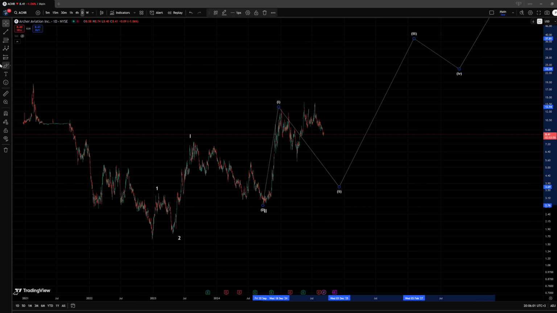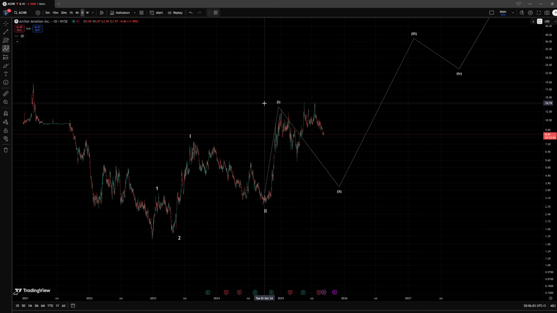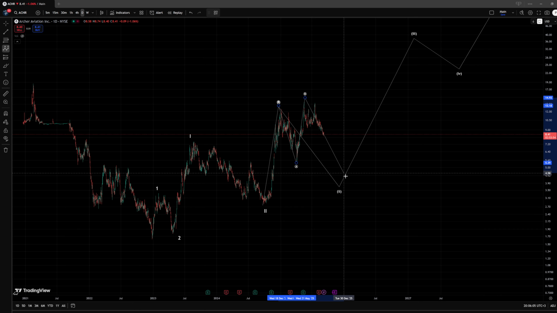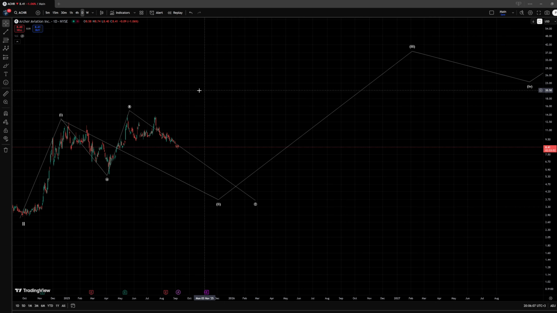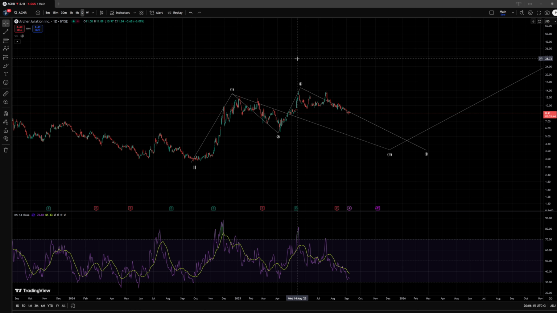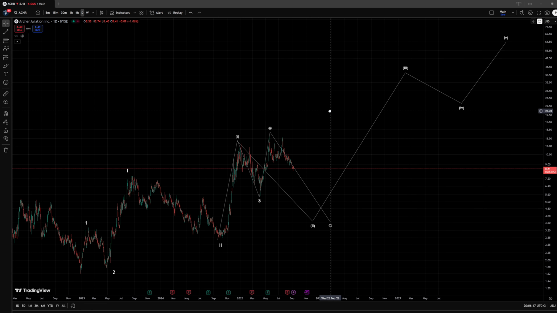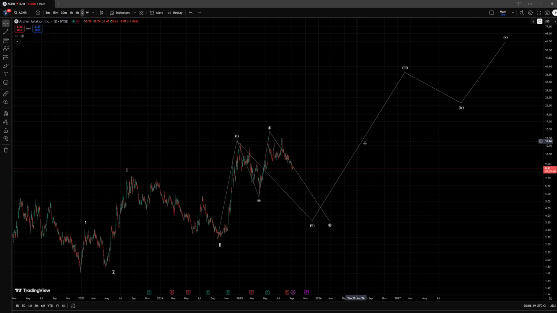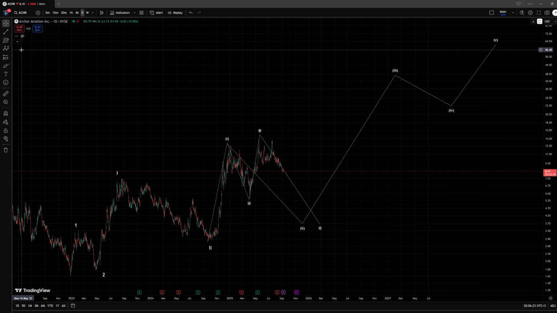Instead, I am still looking for this correction to continue within the wave 2, because this movement that formed here to the upside looks a lot more like an ABC pattern, and we can't really have that within a wave 3. That would have to be either a wave 1A or a wave A in a leading diagonal, or a wave C or a fifth wave in an ending diagonal.